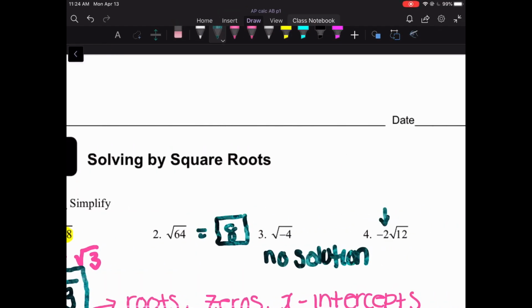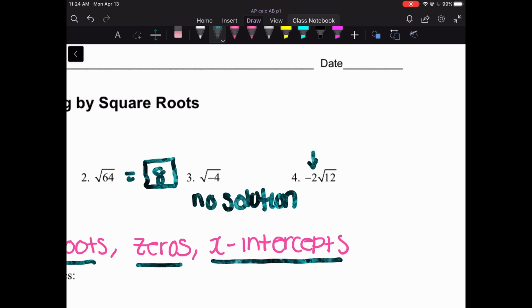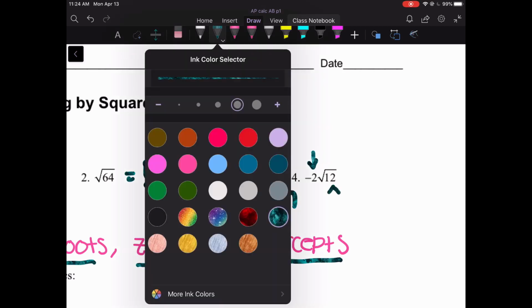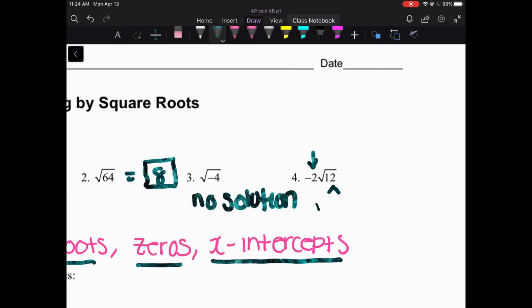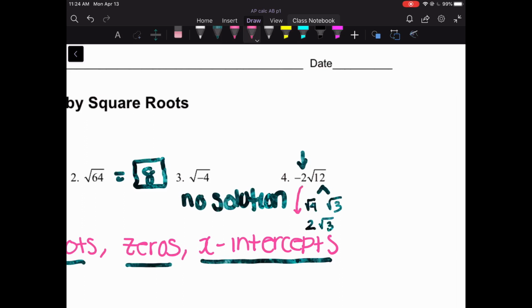So we go back to our list, and we rewrite 12 as the square root of 4 and the square root of 3. Square root of 4 is a perfect 2, and the square root of 3 is left over. But don't forget to bring this number in front down. It's being multiplied by the number on the outside of the square root, so this simplifies to negative 4 root 3.